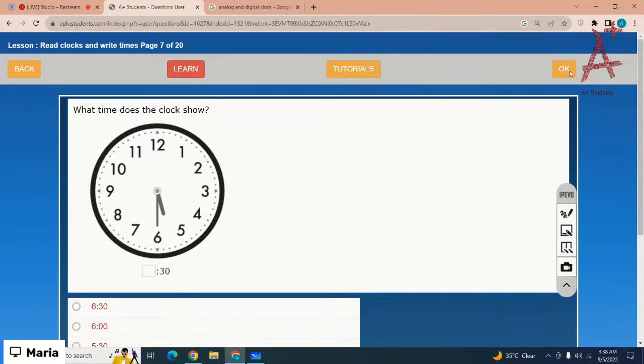What time does the clock show? Which is the correct option? The correct option is yes, it is 5:30.